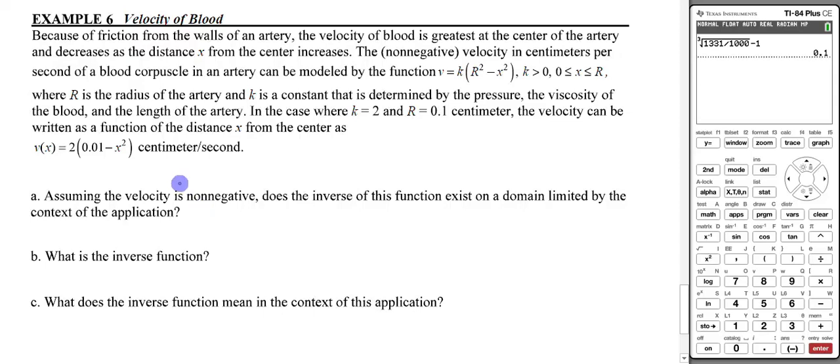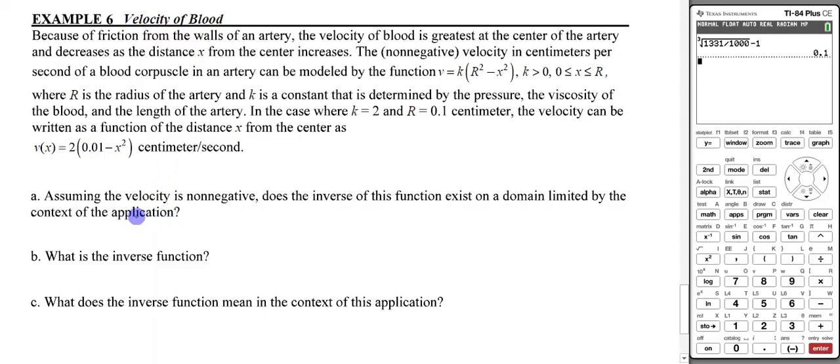Most definitely. We have x values that can go in here, and definitely those are not going to be any negative numbers. X is the distance from the center of that blood vessel. So those are all going to be positive, and when we put those in, we'll always get a single output, so it is a function.